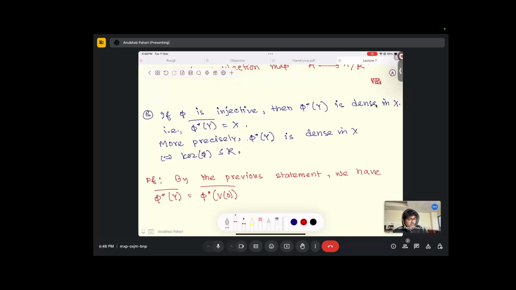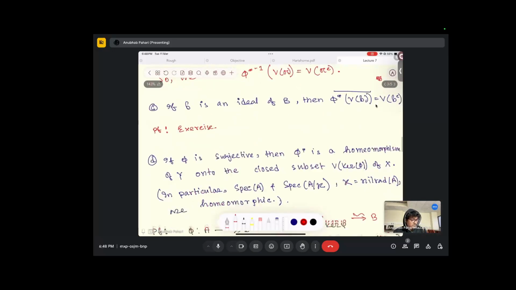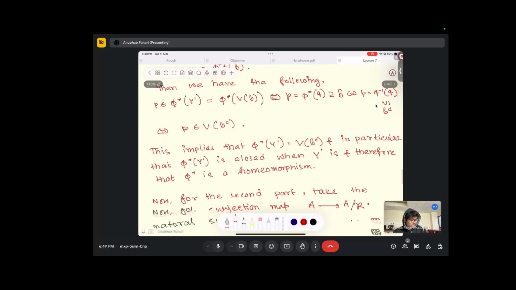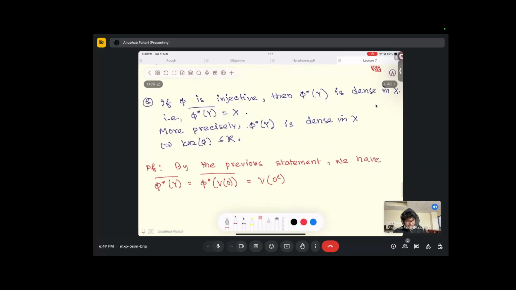Because y is the whole set, I mean the 0 ideal is contained in every prime ideal. Now this is coming from one of our previous assignments, like assignment 3, question number 3, if you go there. If you take V as 0, then V of 0c, which is the kernel, right? The preimage of 0 is the kernel.